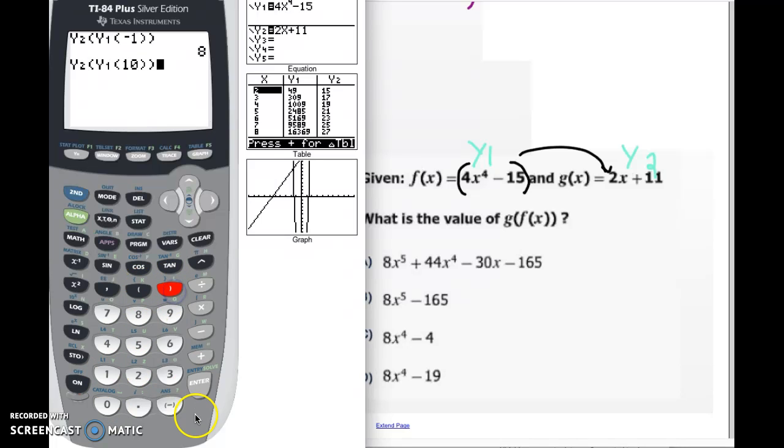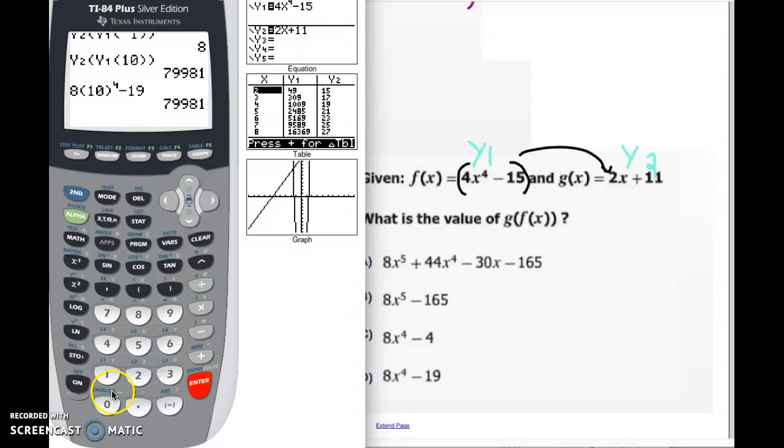Let's pick 10, and I hit enter. And I get this number. Well, we think the right answer for the composition is this. So let's see what happens if I plug in 8 times 10 to the 4th power minus 19. Notice we get the same thing.